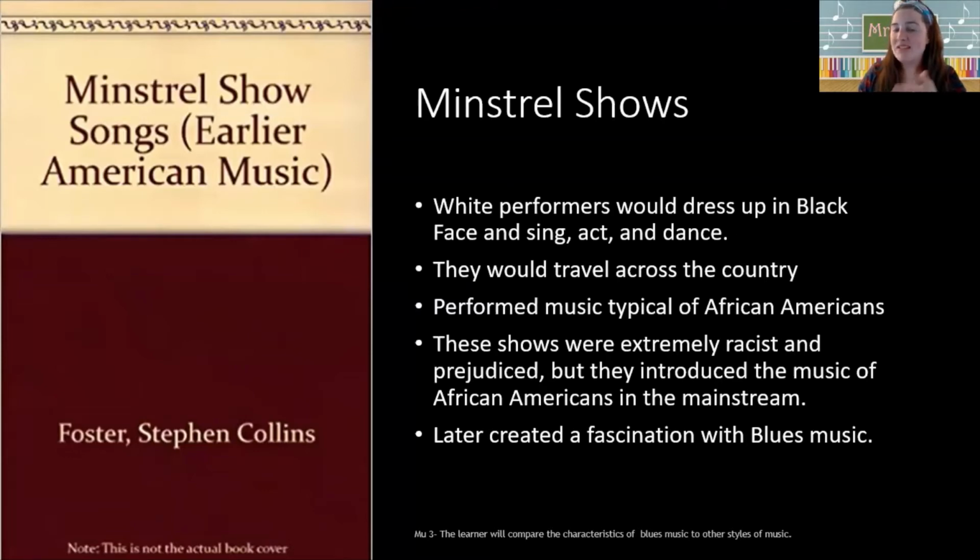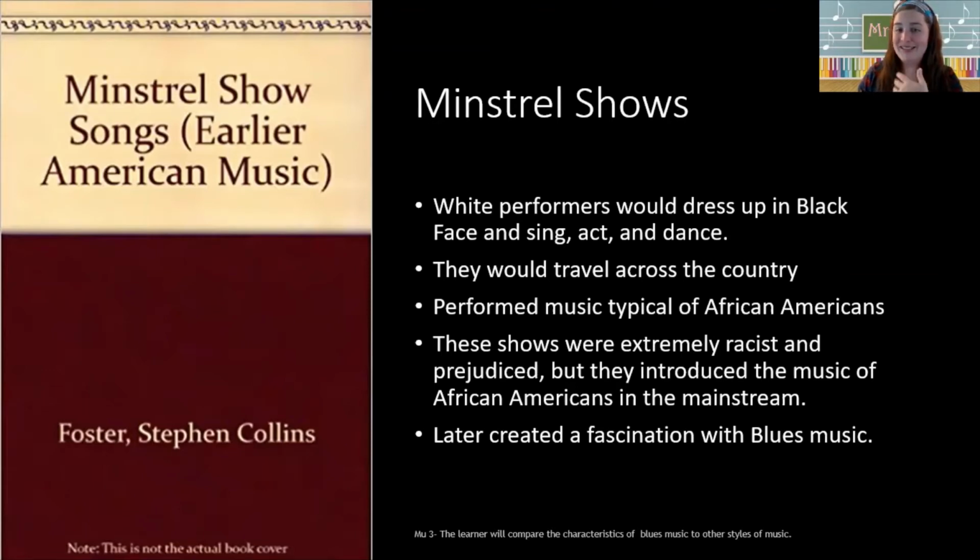Not our best moment as an American culture, but it happened, so we're going to talk about it. They would travel across the country, sharing their act with people everywhere and spreading blues music and jazz and gospel, different styles from African Americans.